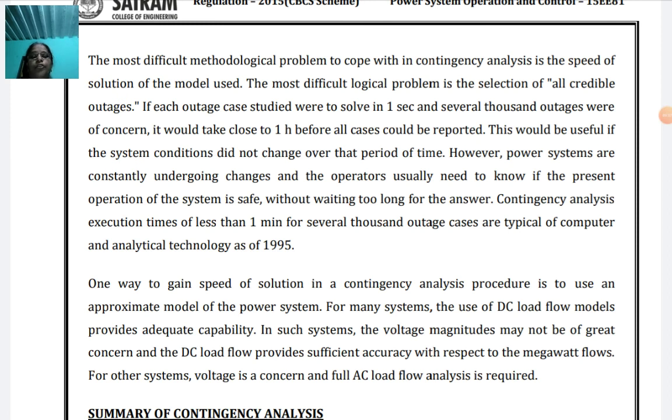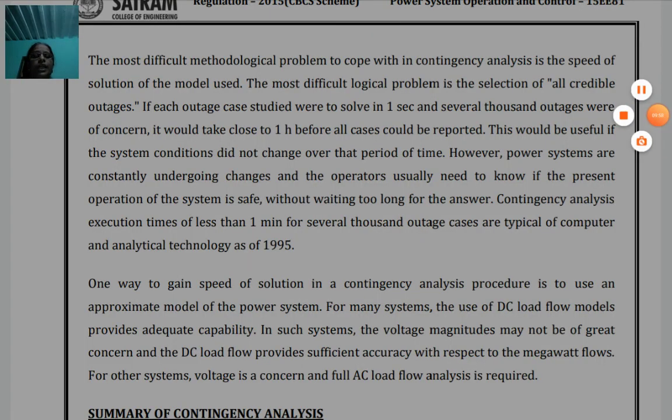So using AC load flow analysis with contingency case selection is good, though compared to without contingency case selection, it has less accuracy.